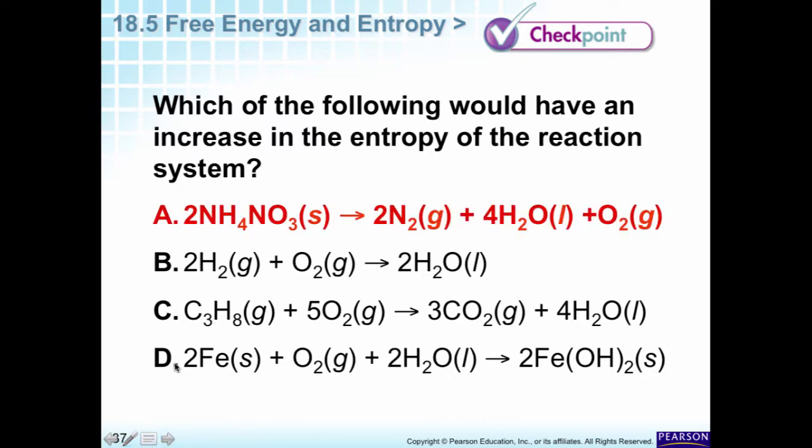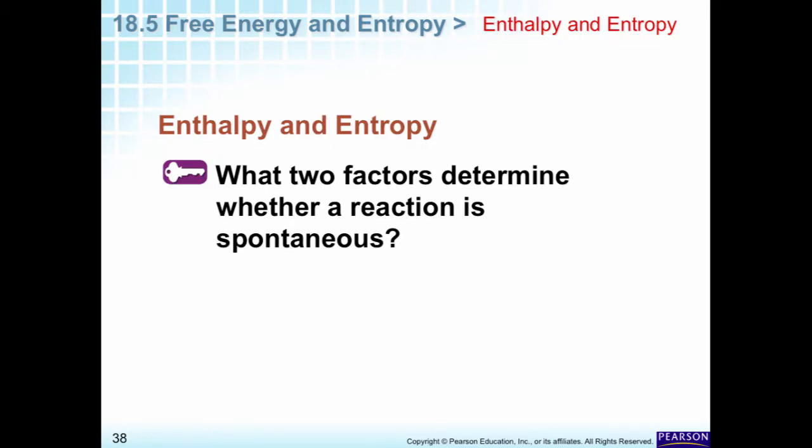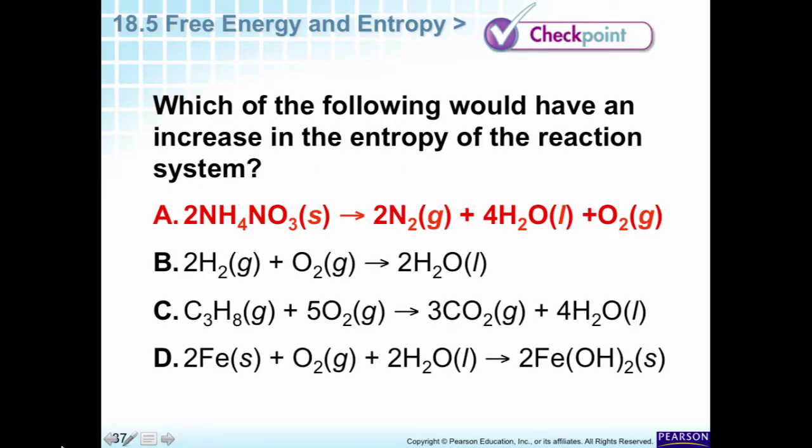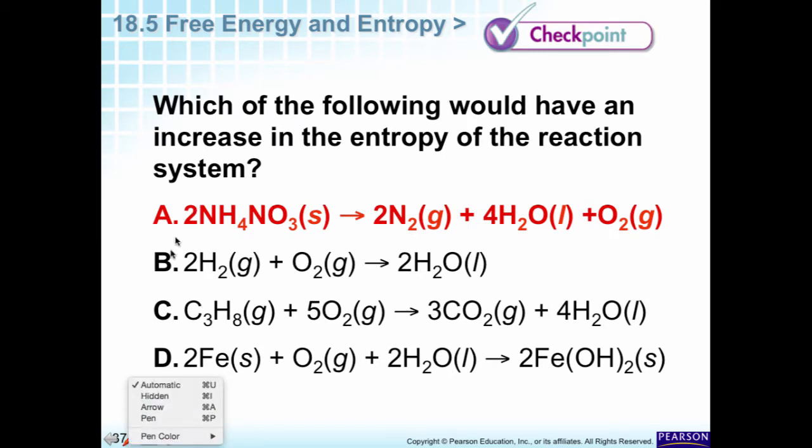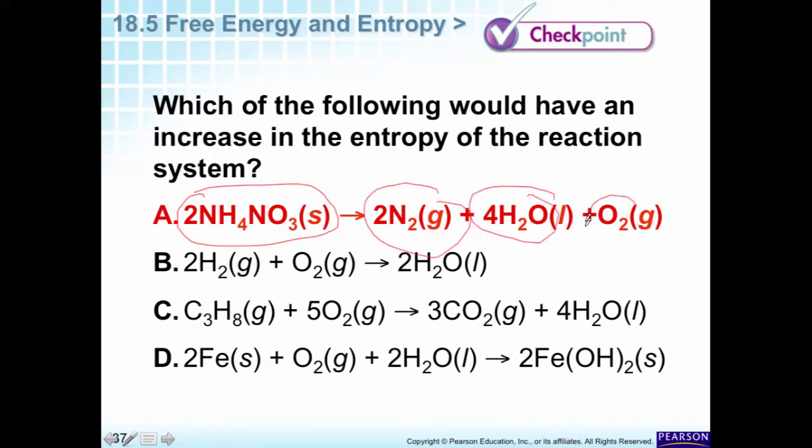Did you answer A? We have a solid, 1 molecule, or 2 molecules, and we basically have, let's go back, we have a solid. Okay, so we have 2 molecules of solid, 2 molecules of gas, 4 of a liquid, 1 of a gas.